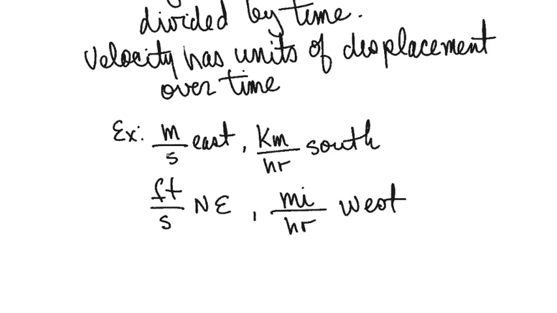Velocity is displacement divided by time. Speed is distance divided by time. Speed takes into account the path taken. Displacement only takes into account the straight line distance, and so velocity is only concerned with the straight line distance from the start to the end point. Lastly, the equation itself is: a velocity vector is equal to the displacement vector divided by time.